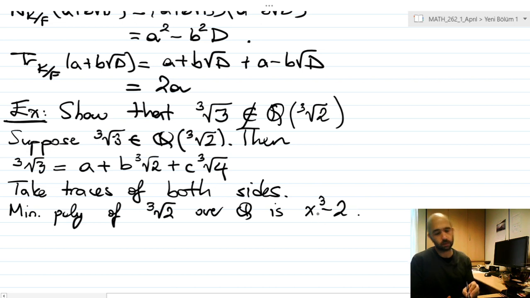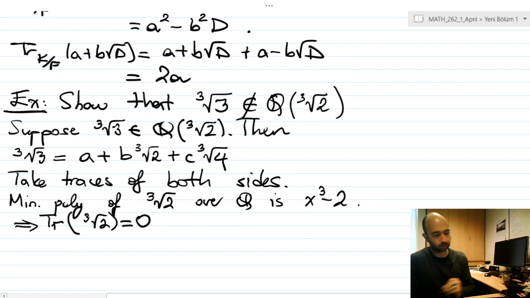And what do we have to look for? Trace is the subleading coefficient, so it's going to be the coefficient of x squared, but that's 0. So trace of cube root 2 must be 0 just by looking at the minimal polynomial in this case.